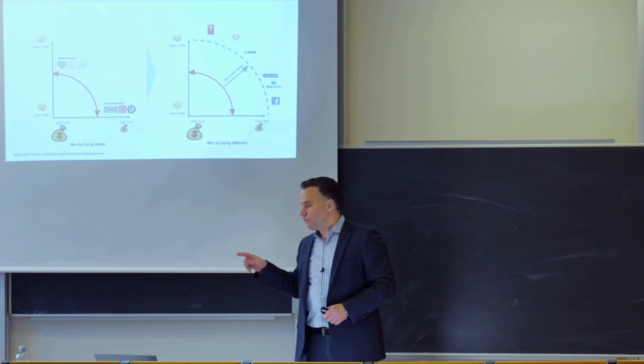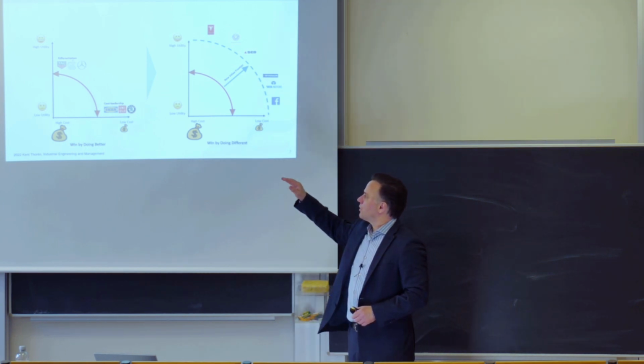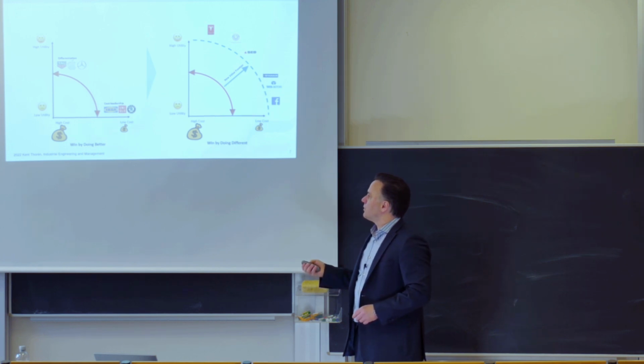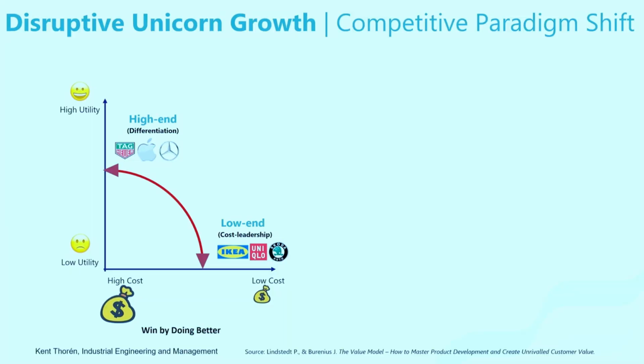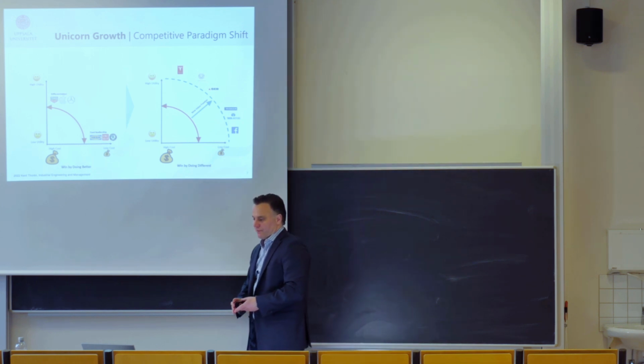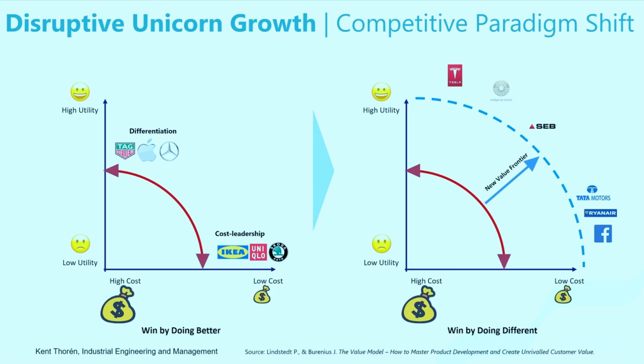So instead of being on the same cost utility curve here, you have in many industries a high-end, high-cost, high-utility group and a low-end, low-cost and less utility group, and some in the middle here you can also find profitable positions. But you break that and you say, we have high utility and low cost. So try to work on two fronts at the same time and move the whole curve.